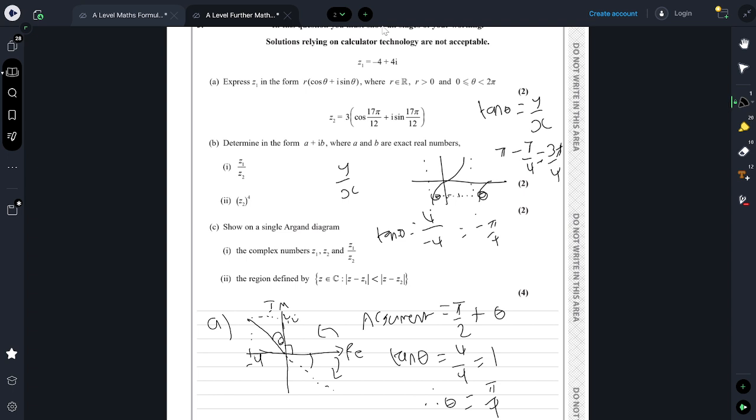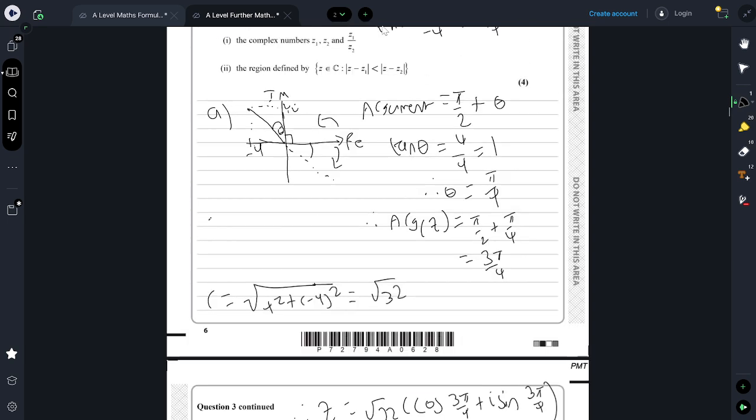Now we're told another complex number in this form. Then it says determine in Cartesian form. First of all, the division, so z1 divided by z2.